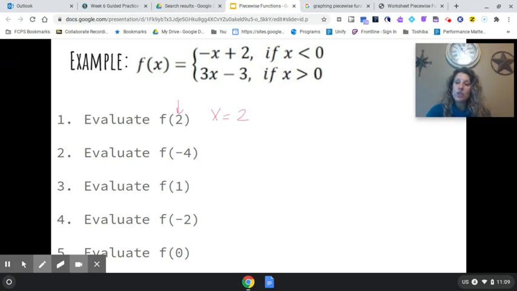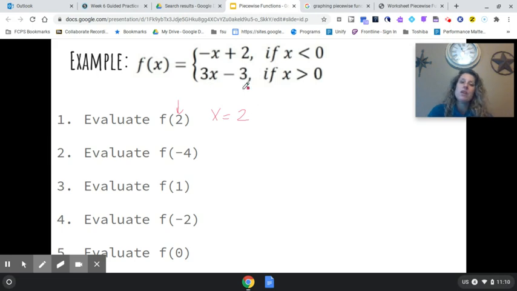Well, in order to evaluate this function, I need to know what piece I'm supposed to be looking at. So this is where the domain is going to come into play. So if x equals 2, I need to figure out, should I be looking at this first function, -x plus 2? But that's only valid when we have a domain that's less than 0, and 2 is not less than 0.